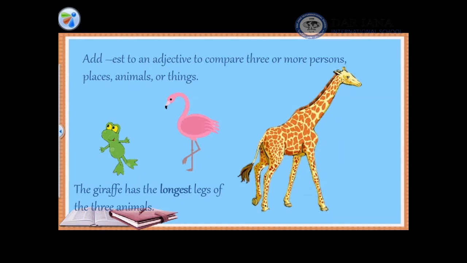If you notice, longest, I added EST to the word long to make it superlative. What does that mean? It means I am comparing among three or more animals, peoples, places, or things. Therefore, I add EST to the adjective.